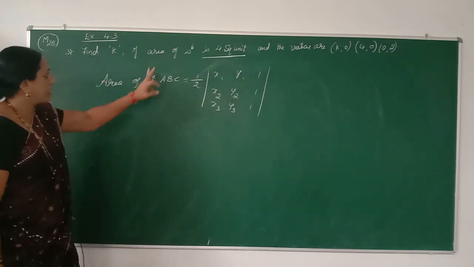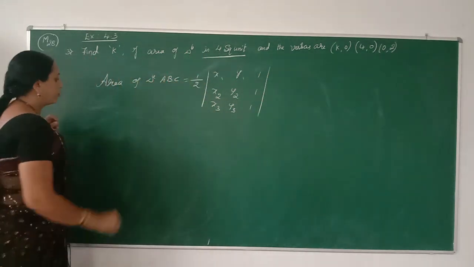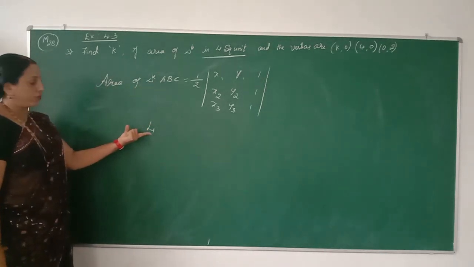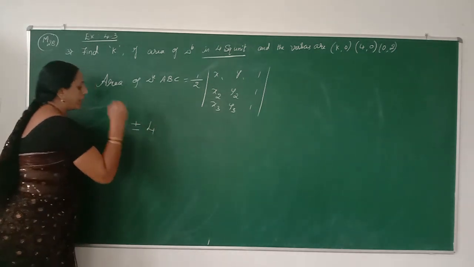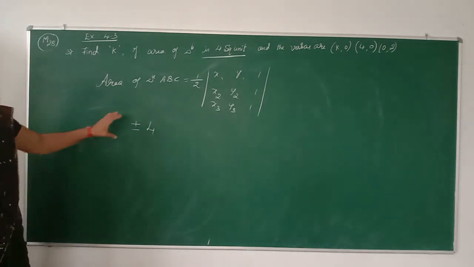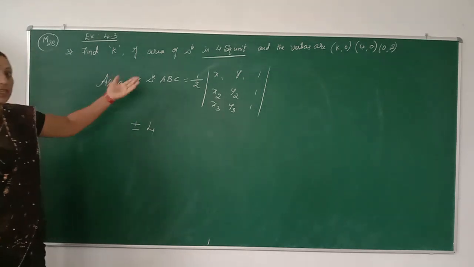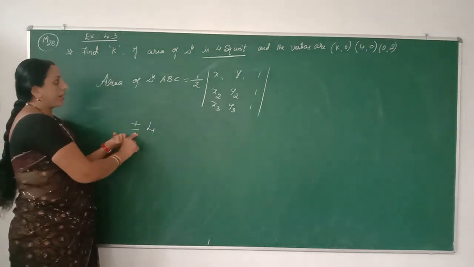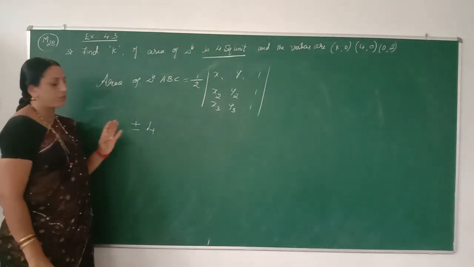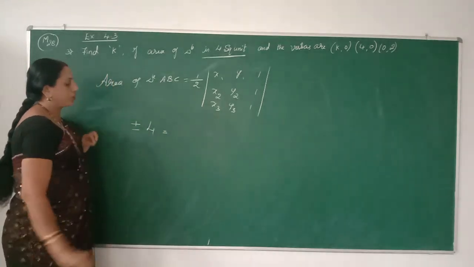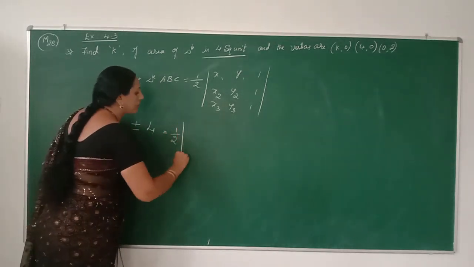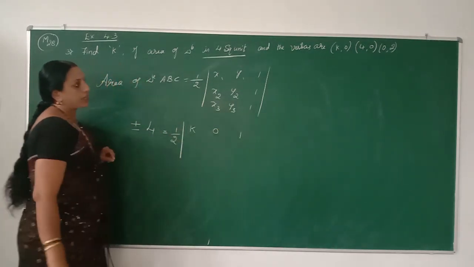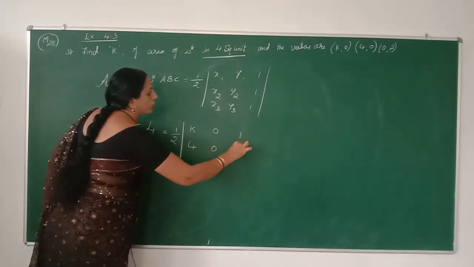Now, the area of the triangle is given as 4 square units, but we also take the alternating sign, because the determinant value can be positive or negative, whereas the area is positive. So plus or minus 4 is equal to half of the determinant. The elements are x1, y1, 1 as K, 0, 1, and x2, y2, 1 as 4, 0, 1.